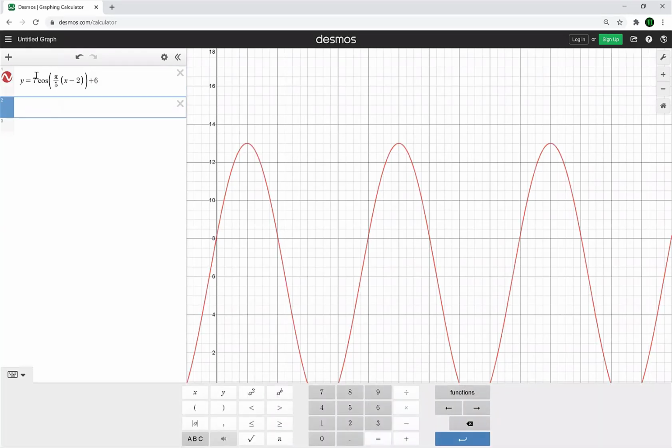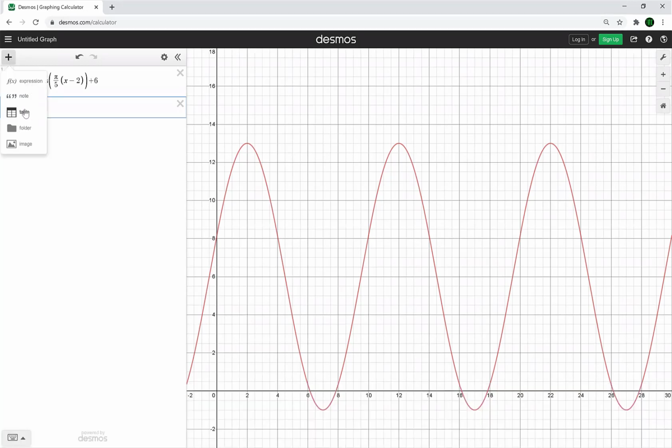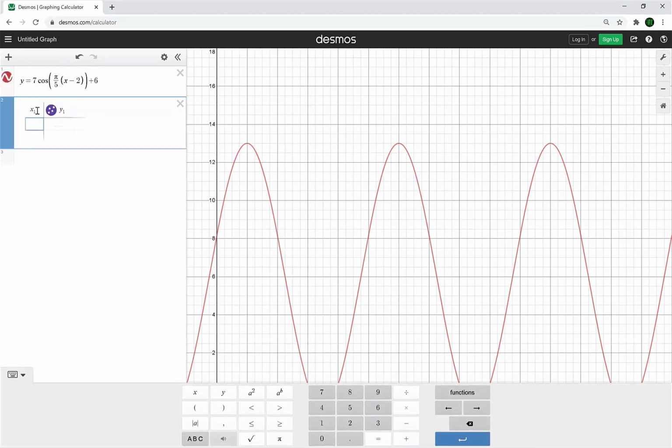So check it out, guys. Usually you can type the word table in here and it'll come out, but because of the way I have the laptop configured right now, it's just easier to click on this button. And let me put a subscript down here. I'm gonna put y sub 1. Oh, I should put parentheses in terms of x. Okay, so there it is.